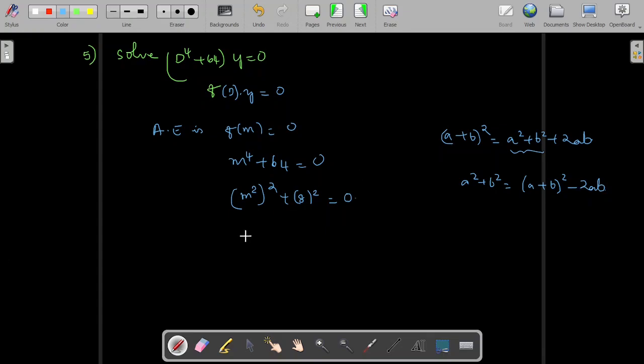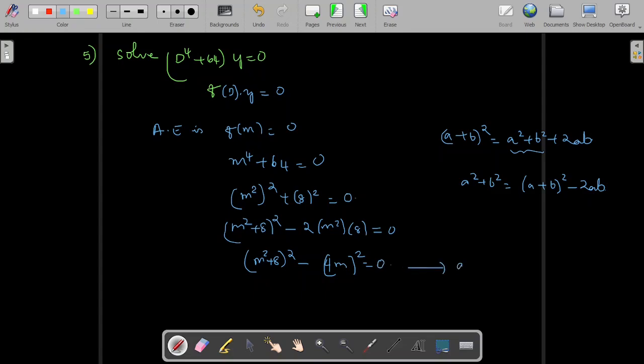So therefore, as per this formula, it is (m square plus 8) whole square minus 2 into m square into 8 equal to 0, where a is m square and b is 8. So this is equal to (m square plus 8) whole square minus 16m square you will get. 16m square can be written as (4m) whole square equal to 0.